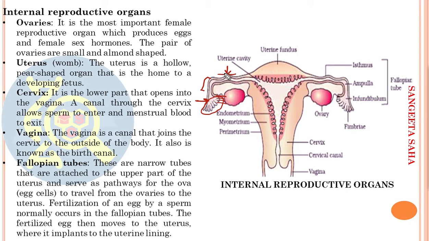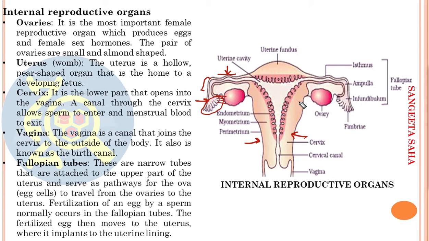Clear? Now, this fallopian tube joins with the uterus here, and this uterus is a pear-shaped organ with three main parts. The first part is the perimetrium here, which is very vascular.